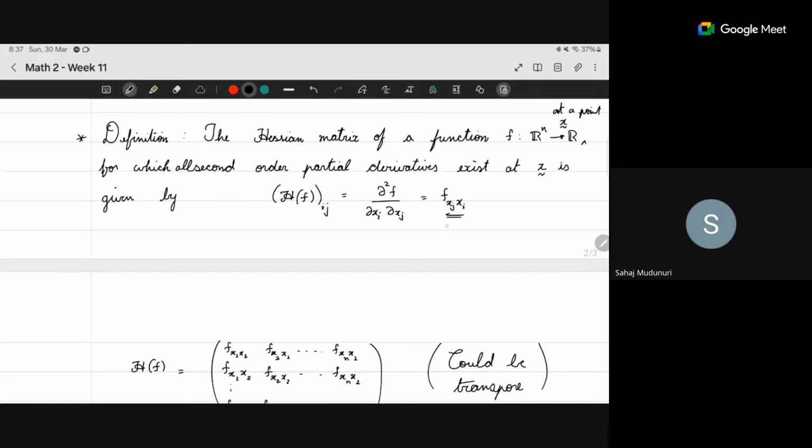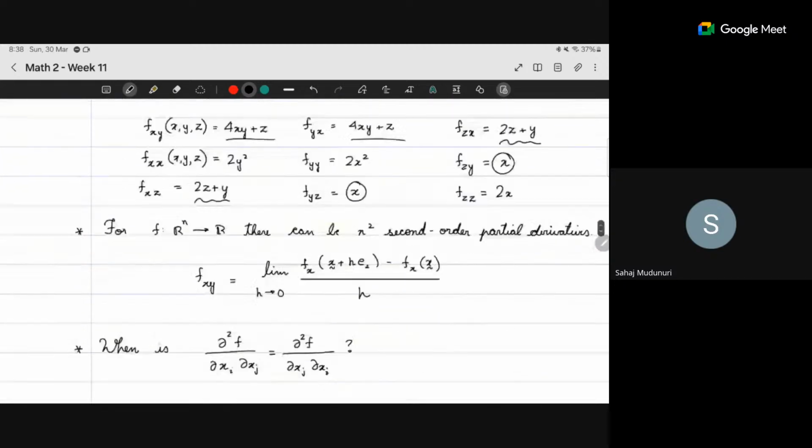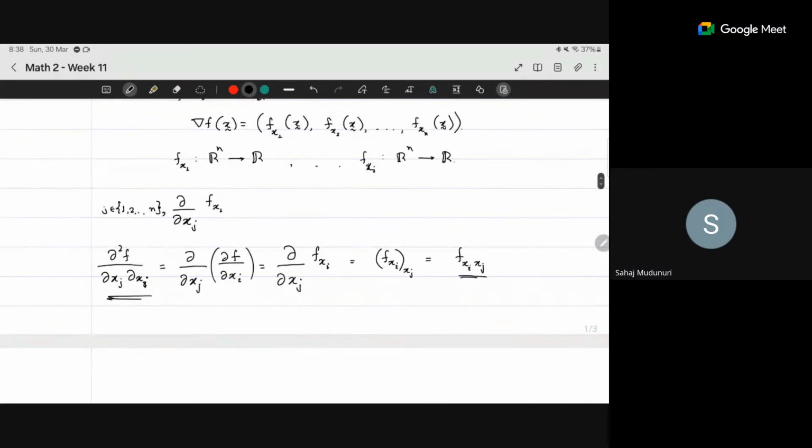Got it, sir. So think of this as f_{x_j x_i}. Yes, sir, that makes it more clear. You have multiple notations for representing the same thing. This order comes from the interpretation that you take del f by del x_i and then do del by del x_j of that.